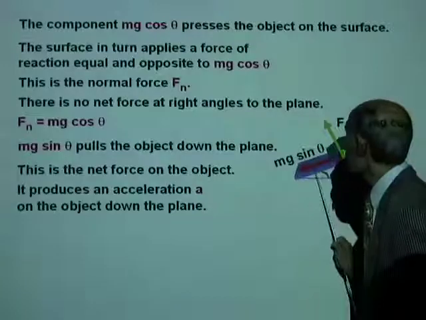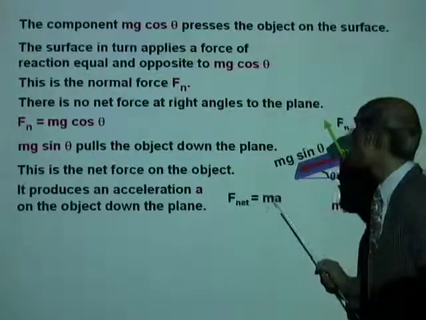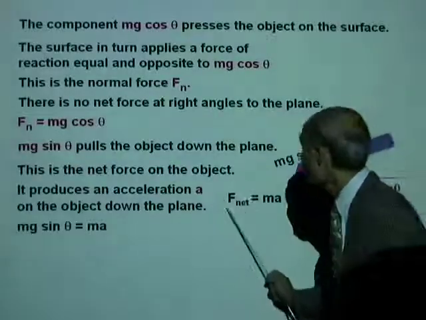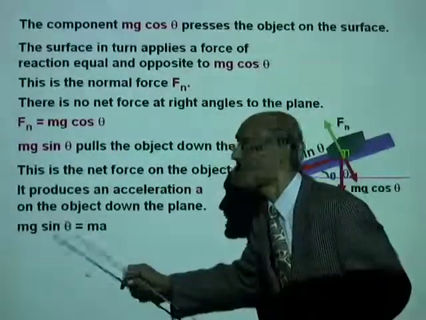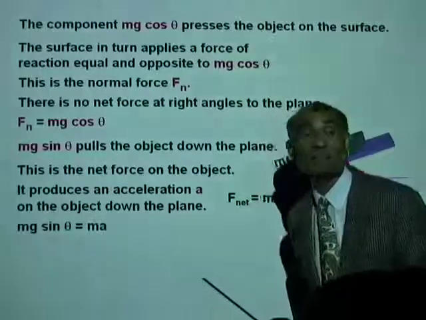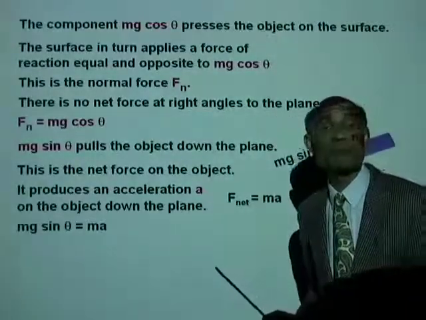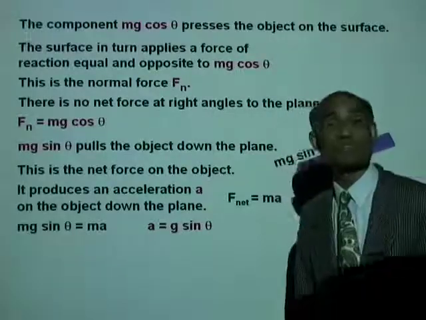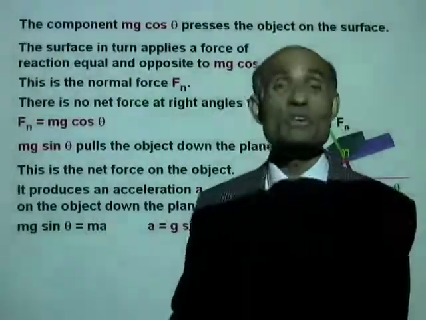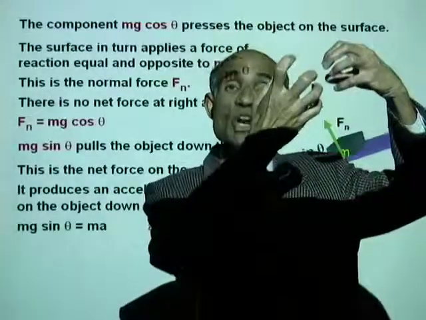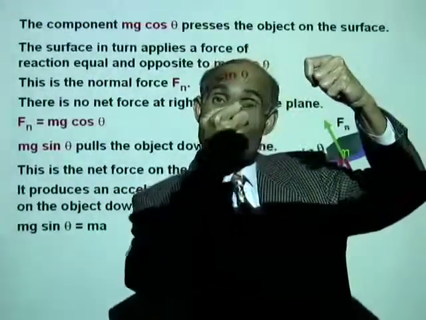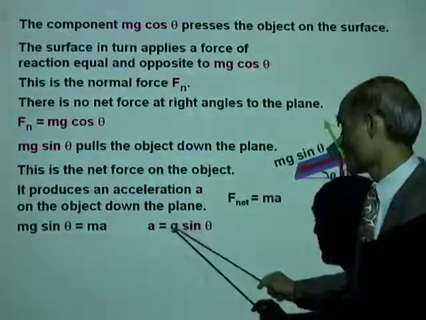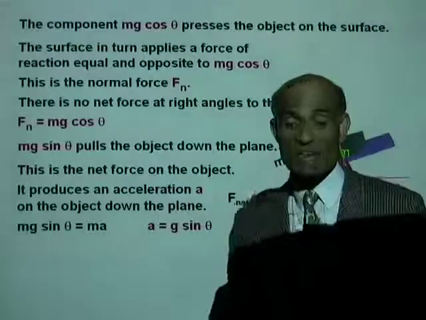So we know that the net force equals ma, F net equals ma, and that means the net force is mg sine theta, and mg sine theta equals ma, and therefore a equals g sine theta. When you keep an object on an inclined plane, it will accelerate down the plane, and its acceleration will be equal to g sine theta.